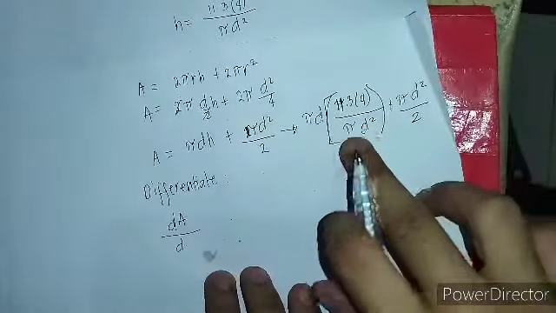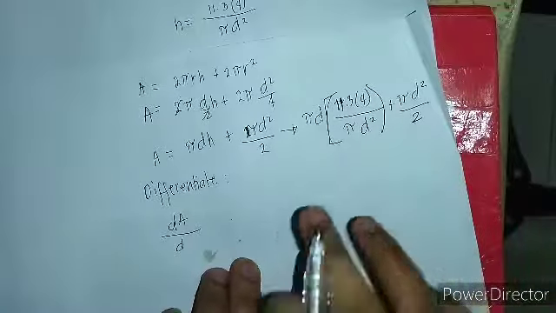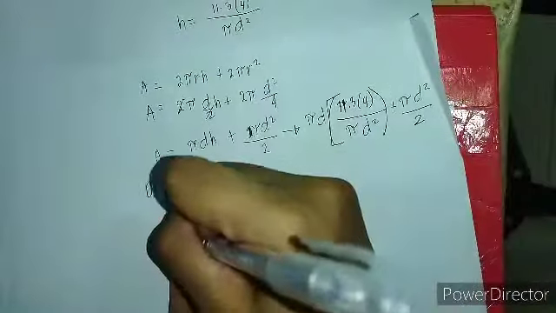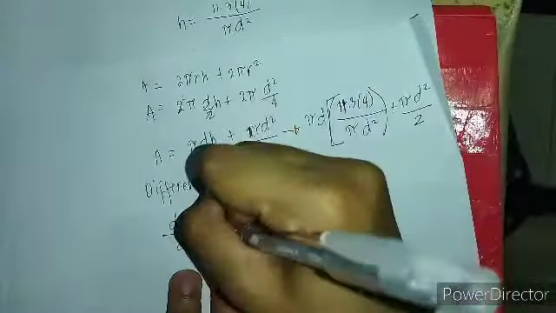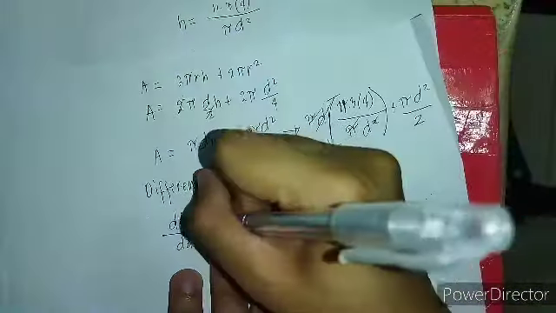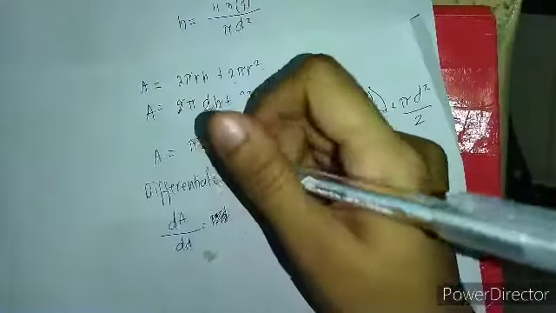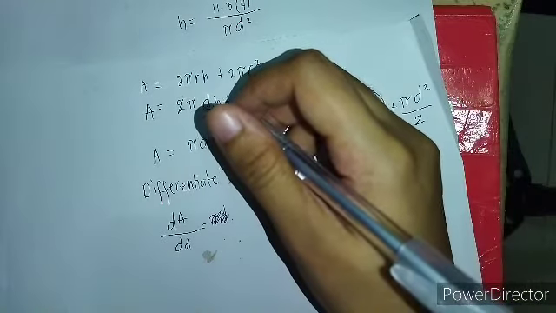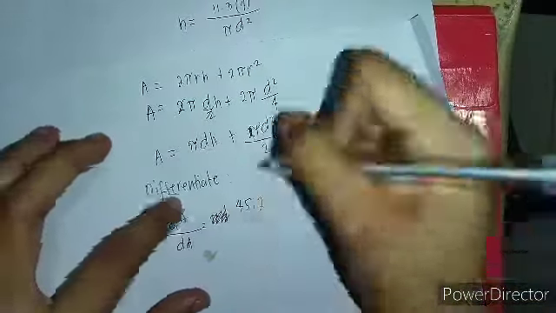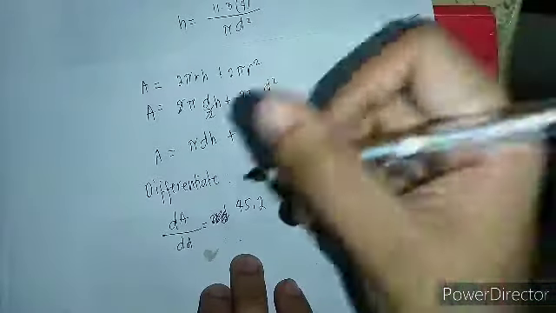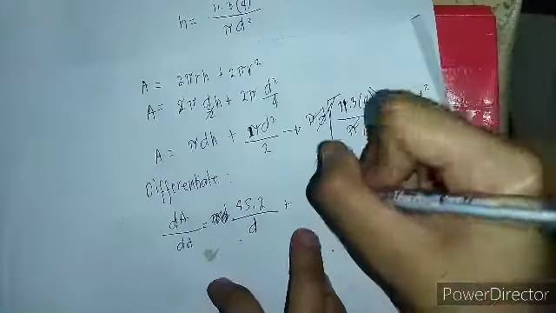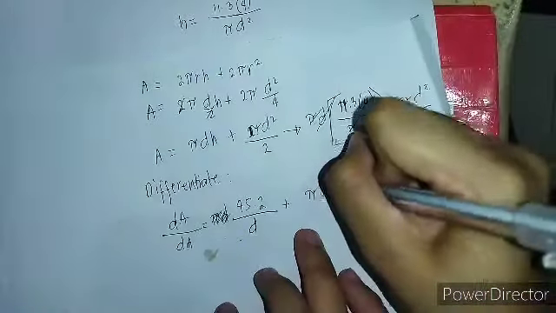You have to differentiate this one with respect to the diameter. We have negative 45.2 over d squared plus pi d.